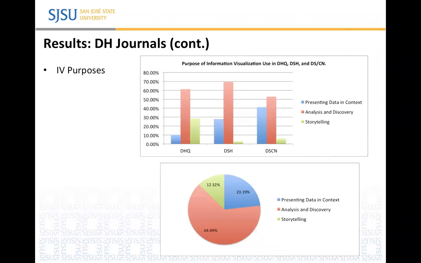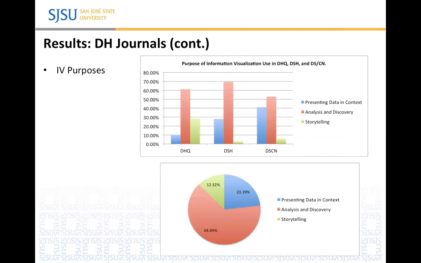And similarly, 52.9% of Digital Studies content concentrated on analysis and discovery. So it is pretty much the most common purpose of using information visualization among all three journals.